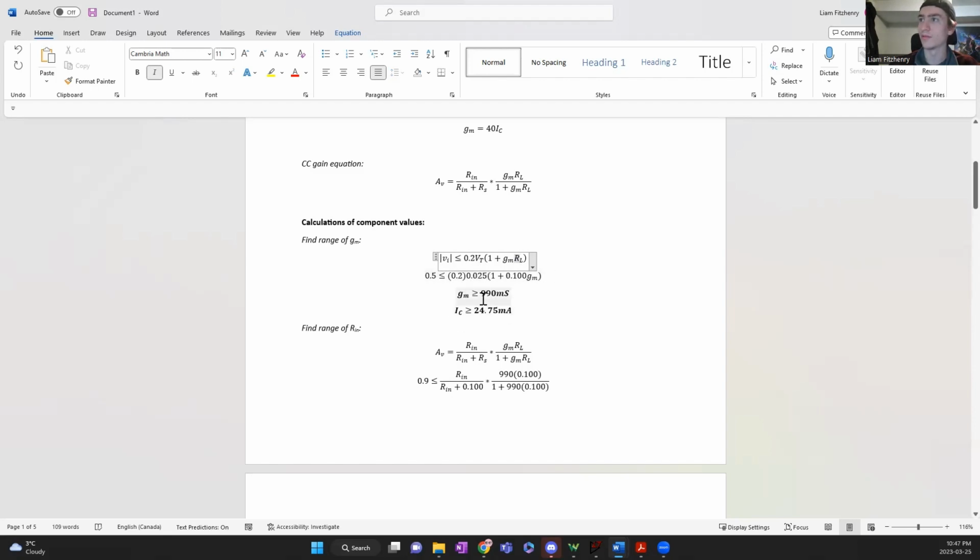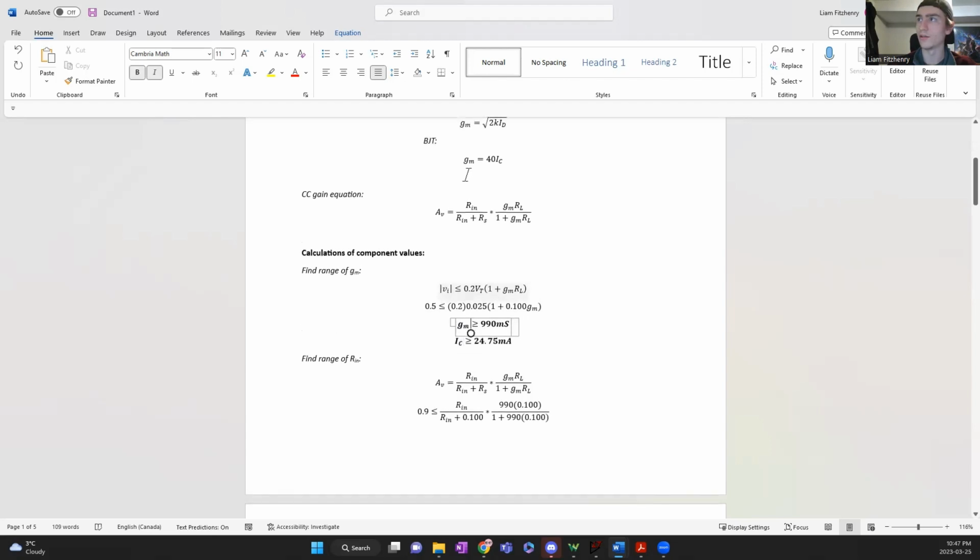So GM has to be greater than or equal to 990 millisiemens in order for this condition to be satisfied. So the amplifier will work for input amplitudes of at least 500 millivolts if our GM value is greater than or equal to 990.